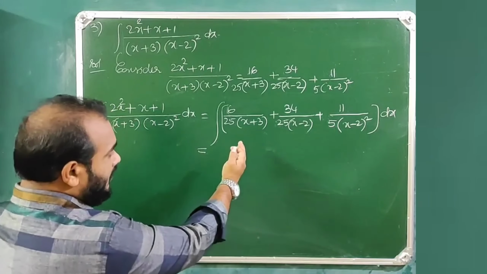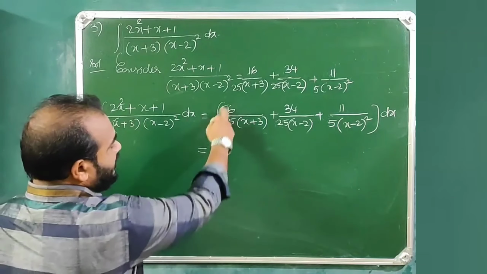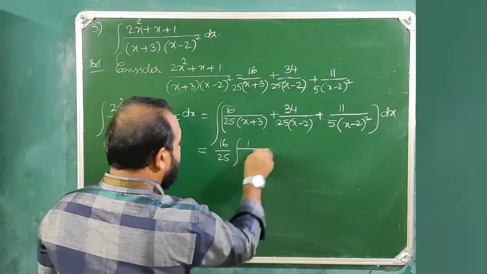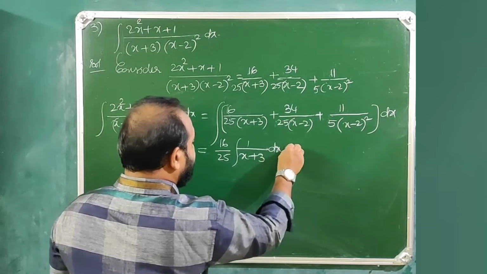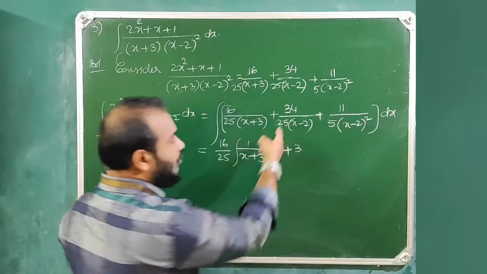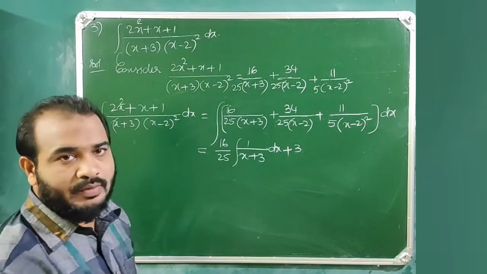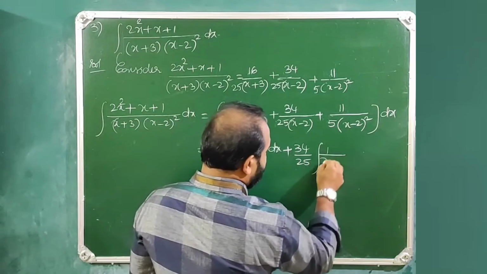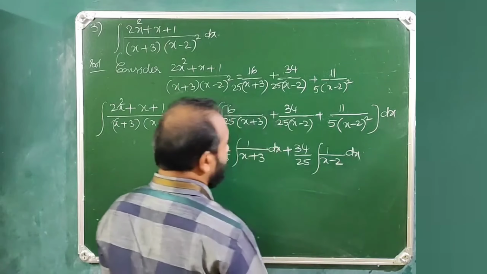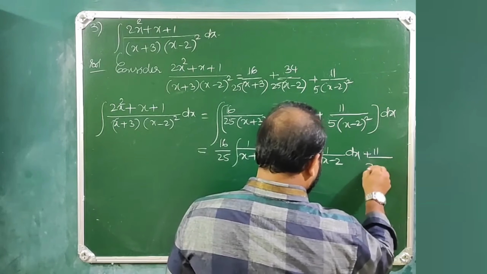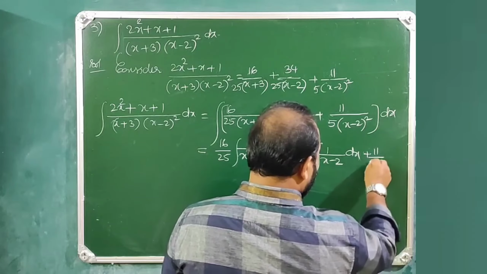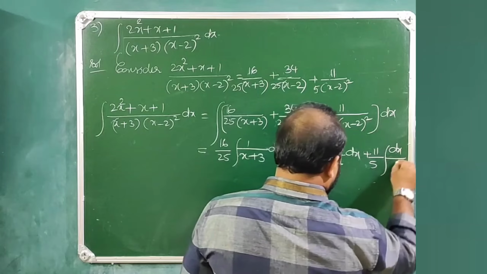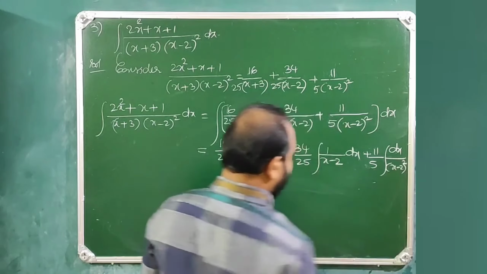Let us separate the constant from the process of integration: 16/25 × integral of 1/(x + 3) dx, plus, since 34/25 is constant, let us separate it also: 34/25 × integral of 1/(x − 2) dx, and 11/5 I have separated from the process of integration: integral of 1/(x − 2)² dx, or dx/(x − 2)².